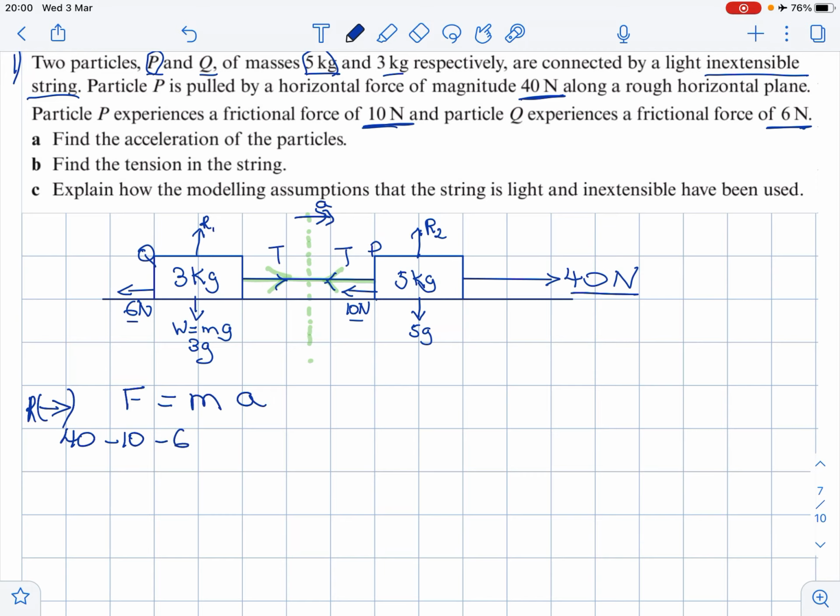This is equal to the total mass of the two particles, 3 plus 5, which is 8, multiplied by acceleration. So 40 minus 10 minus 6 is 24, equals 8a. Therefore, the acceleration is 3 meters per second squared.